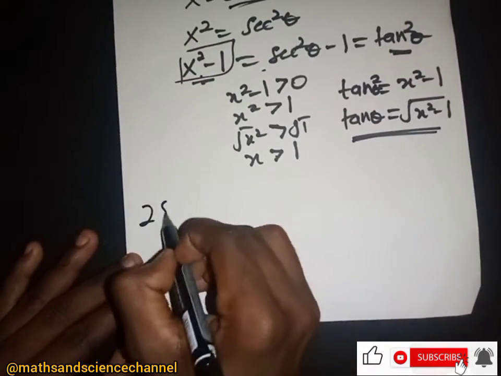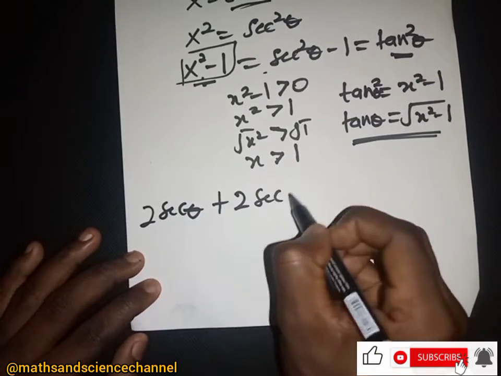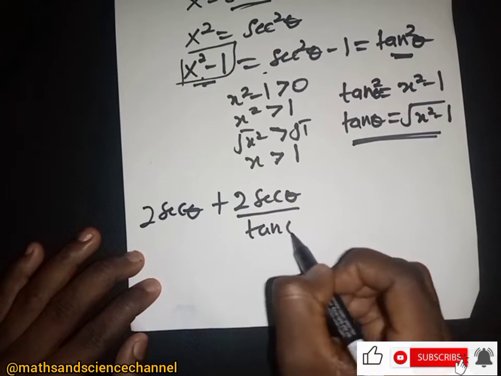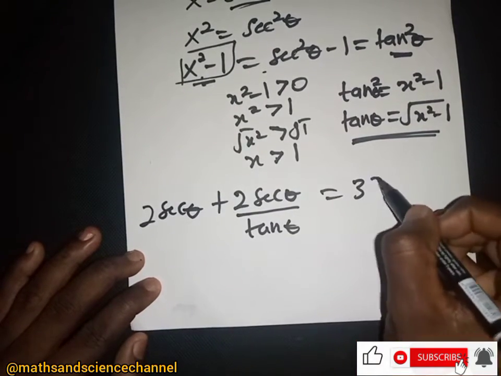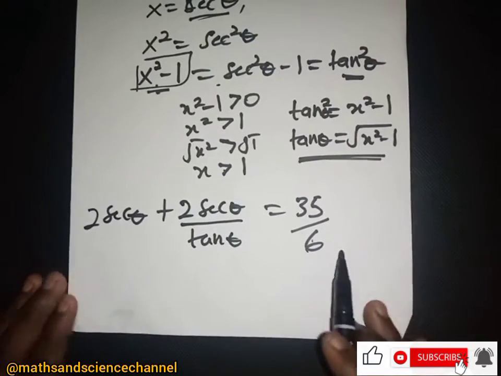So we have 2 sec theta plus 2 sec theta being divided by tan theta, being equal to 35 divided by 6. Now let's define theta over here.